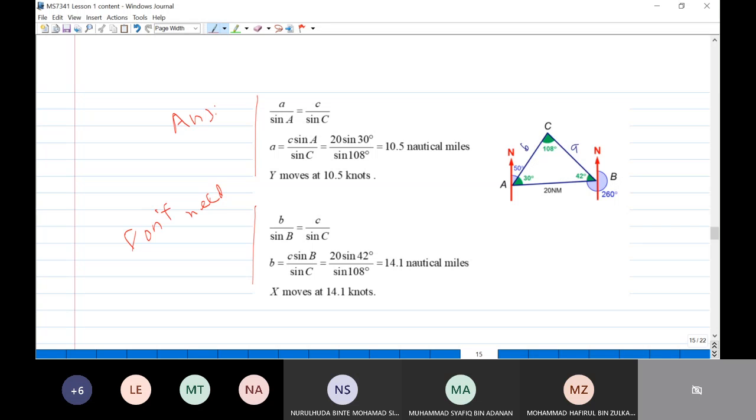So I WhatsApp this to you. So you can even find the speed of X also.